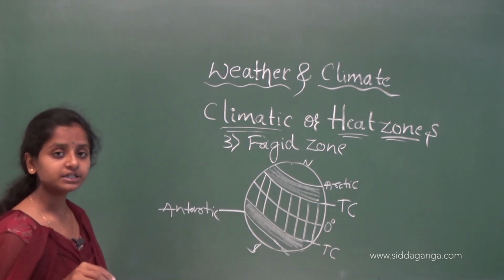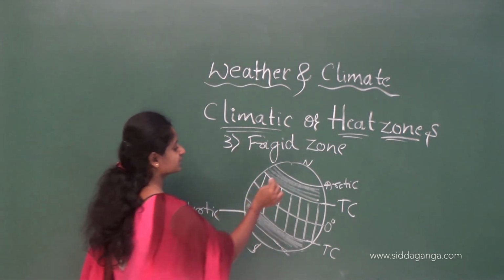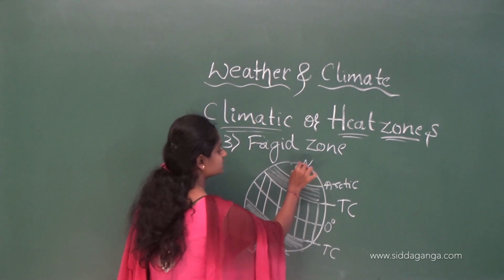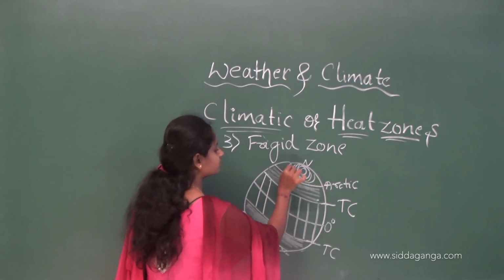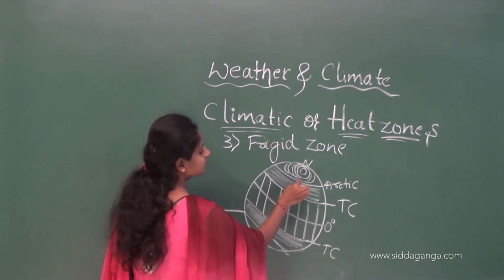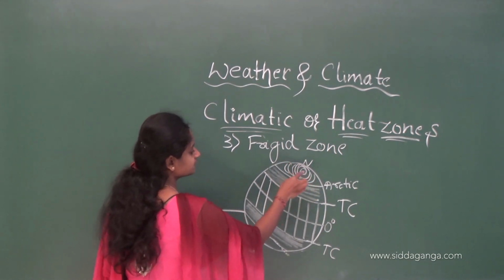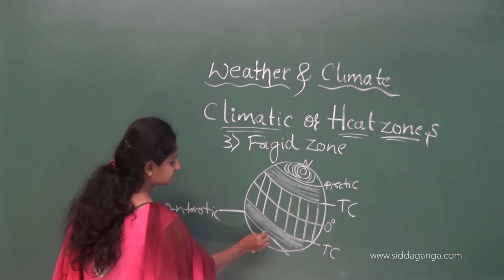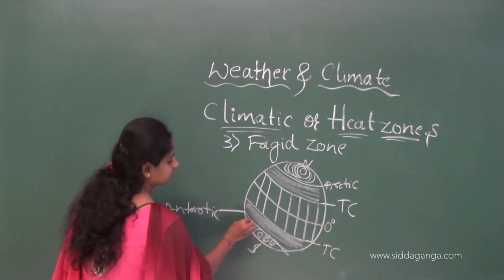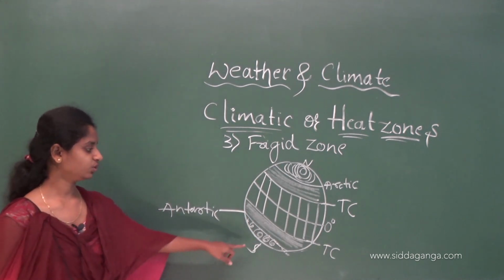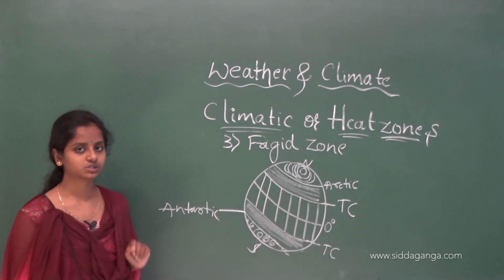And this region, which is nearer to a pole, from the Arctic Circle to the pole in the northern hemisphere and from the Antarctic Circle to the pole in the southern hemisphere, is known as the Frigid Zone.